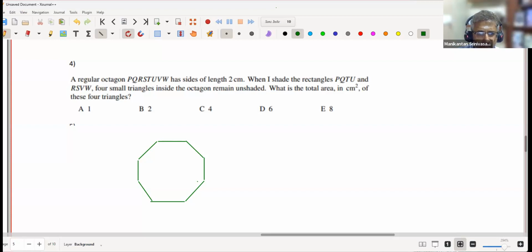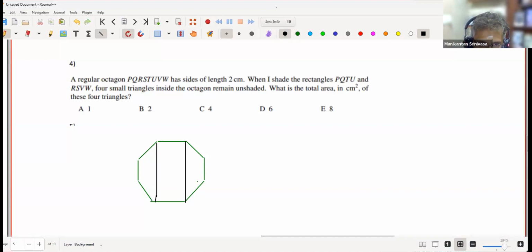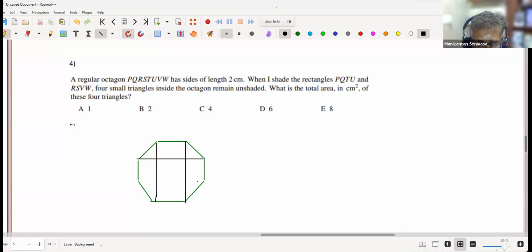What's the total area of these 4 triangles, right? So he connects this, and then this, and this. And then what is the area of that? Okay, so this is given to be 2, I think, right?